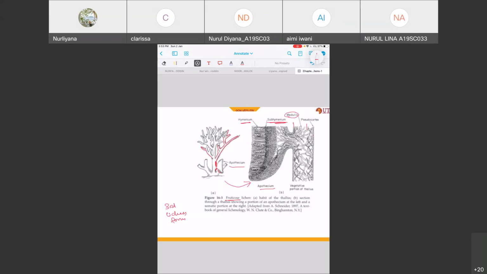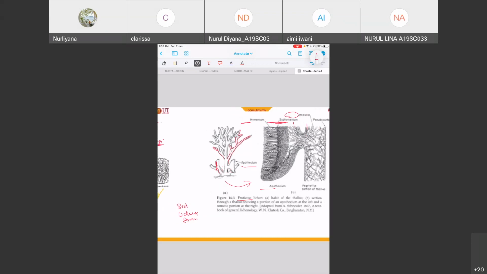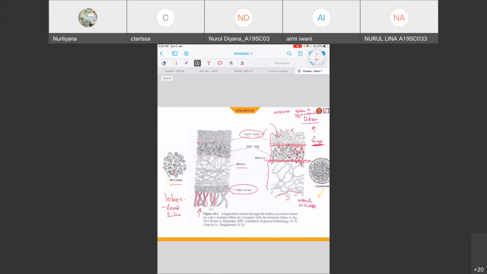Can anyone help here? If we look here, for crustose and foliose, most of them are located in the cortex layer. You can see that the algae is somewhere in this layer, in the cortex, but in the second layer of the cortex.